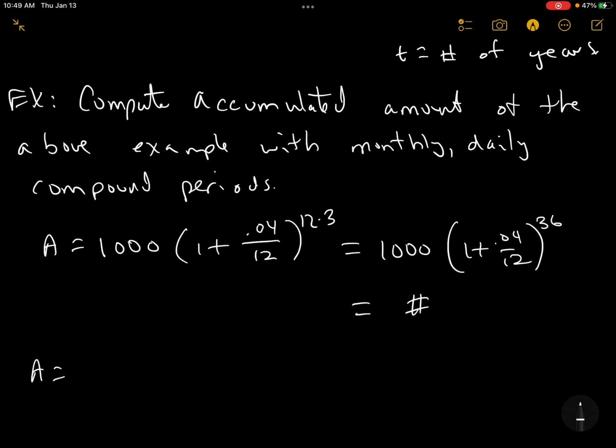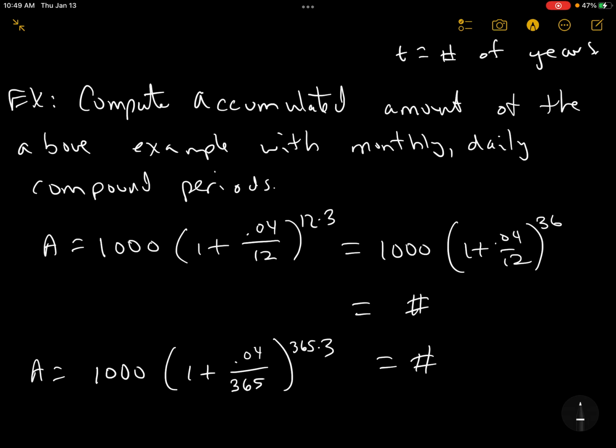And if we were doing it daily, this would be 0.04 over 365. And then up here we'd have 365 times 3, and this would give us some amount.